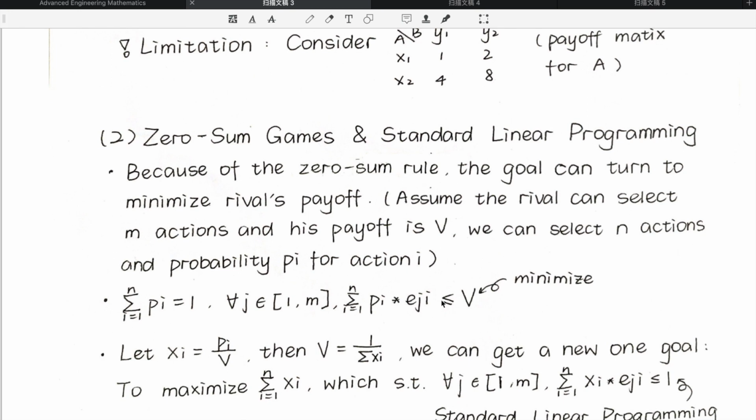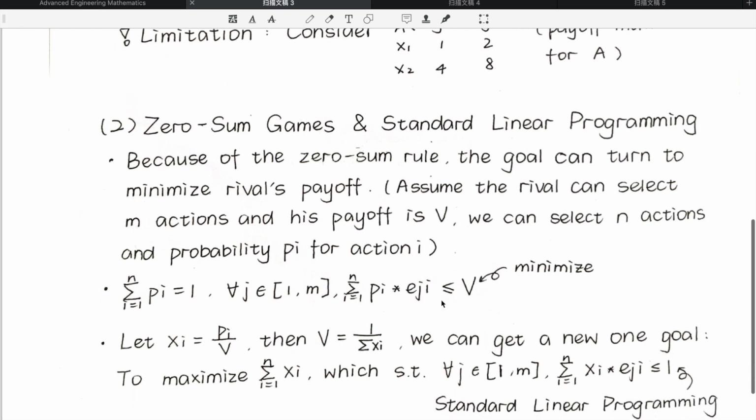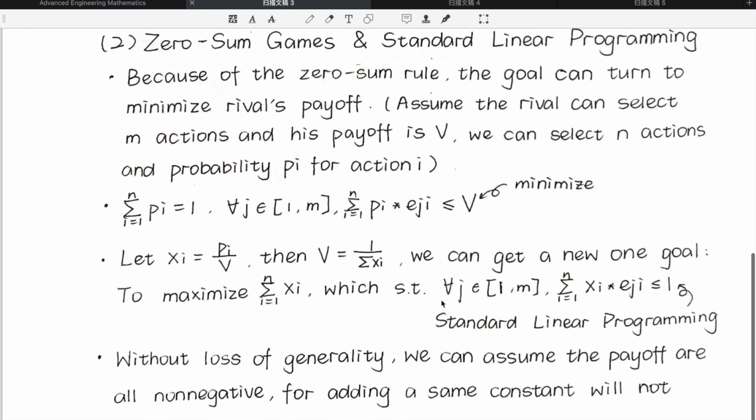If player A's strategy is fixed, then player B can always choose a pure strategy which gives the max payoff. So what player A needs to do is just to minimize the maximum of player B. And that leads to a set of inequalities. By transforming them slightly, you can solve them by linear programming.